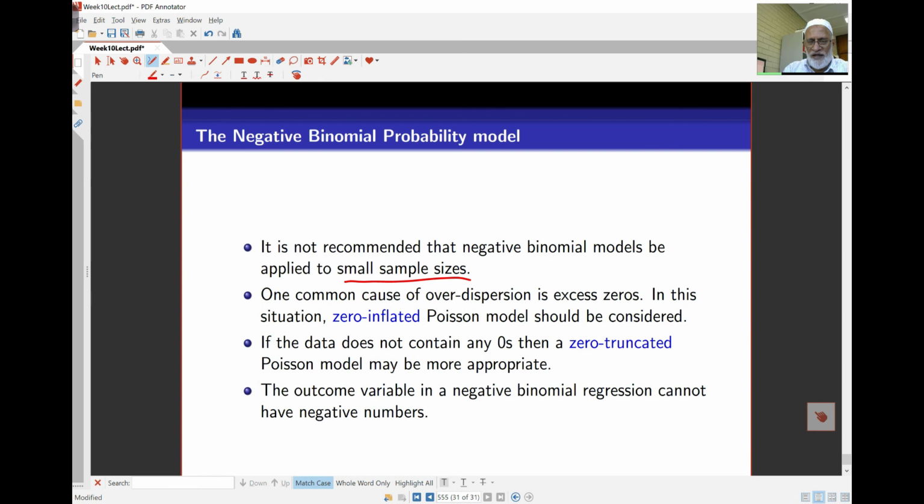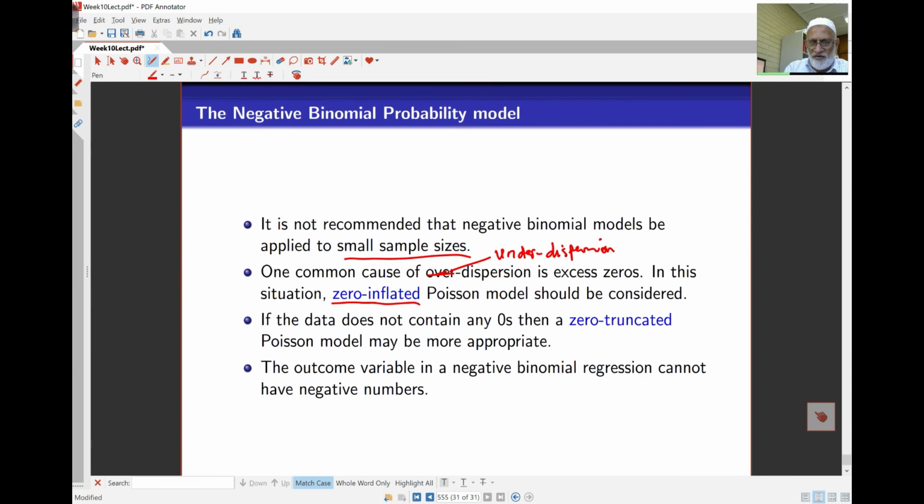Another common problem we have with models is what's called zero inflated data, where you've got a lot more zeros than you would expect for a Poisson distribution. And actually this is not so much over dispersion as under dispersion, because you've got a lot of zeros in one place, and that will reduce the variance somewhat.